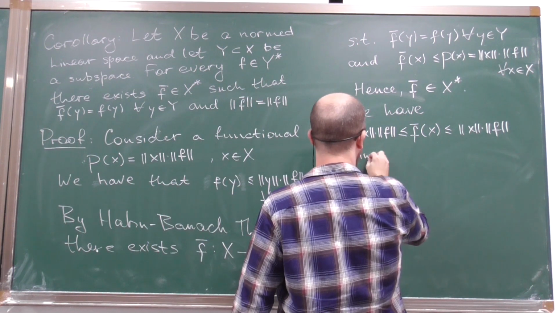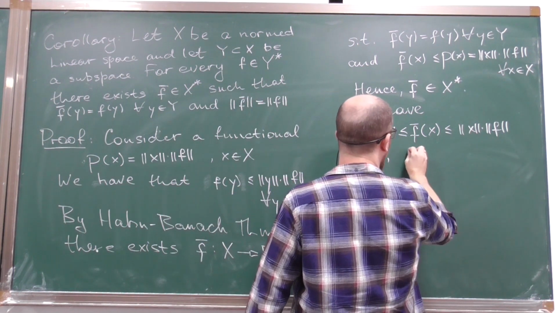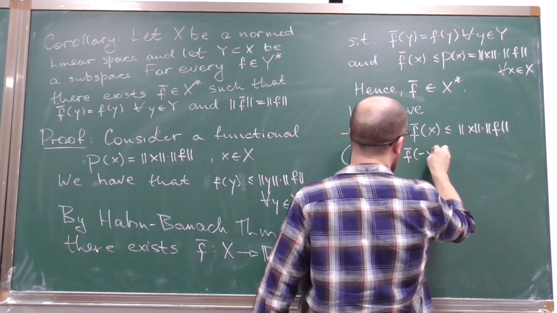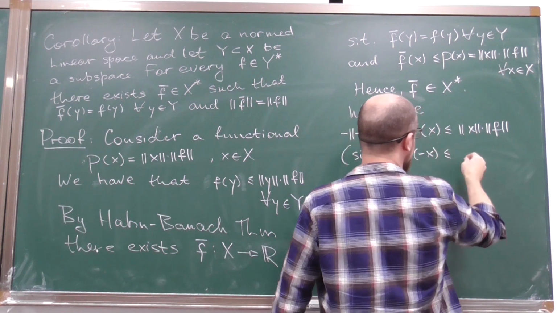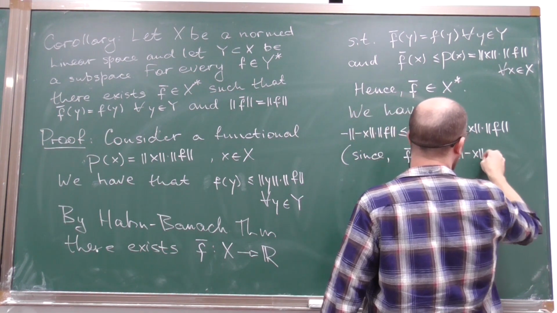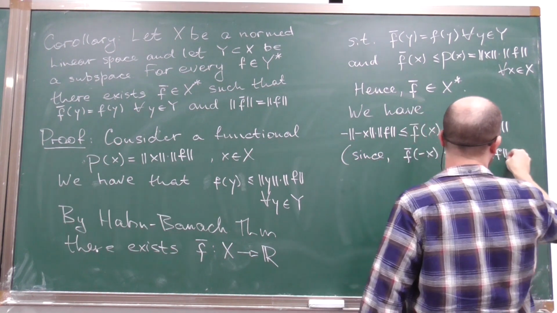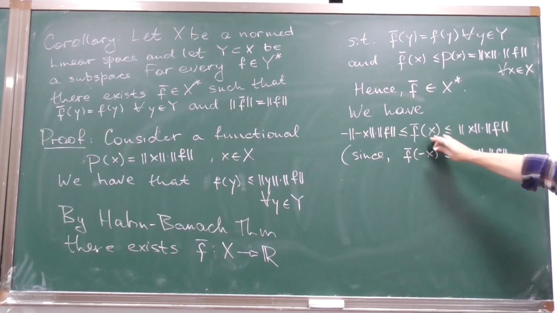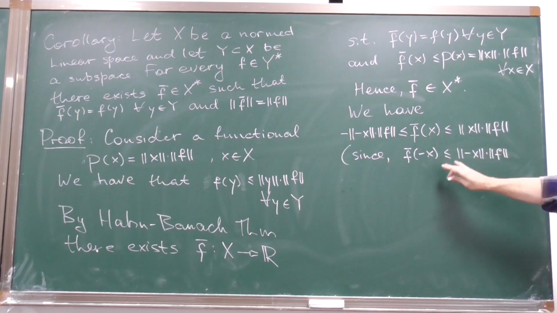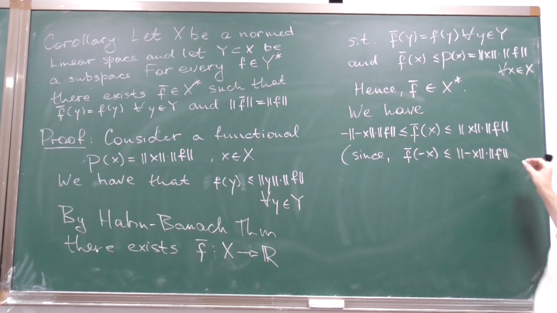Since f bar of minus x is less than or equal to the norm of minus x times the norm of f, I just use this inequality for minus x, it holds for any x.